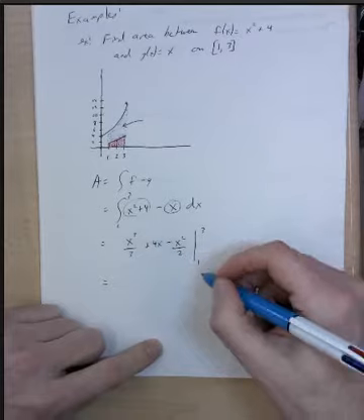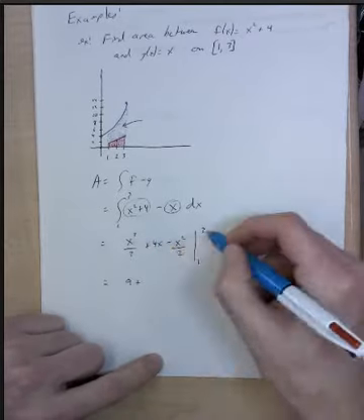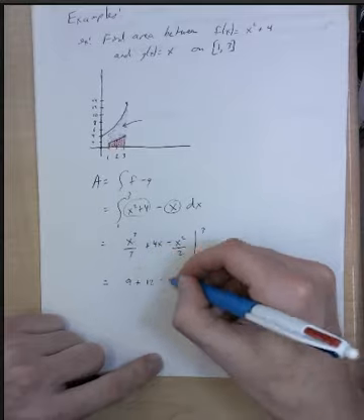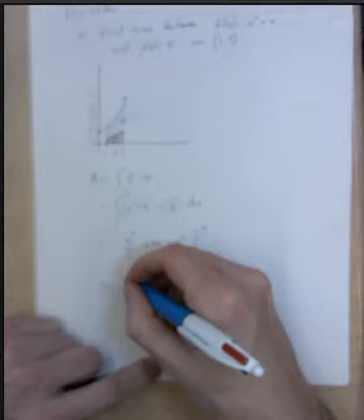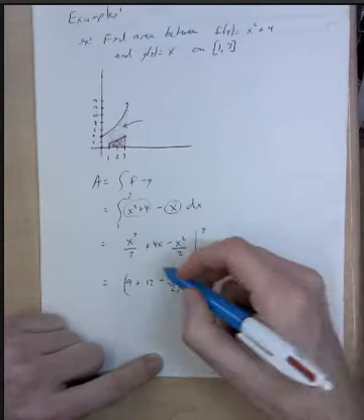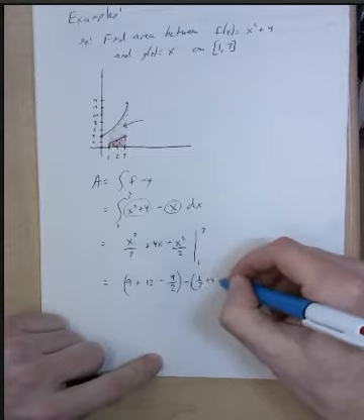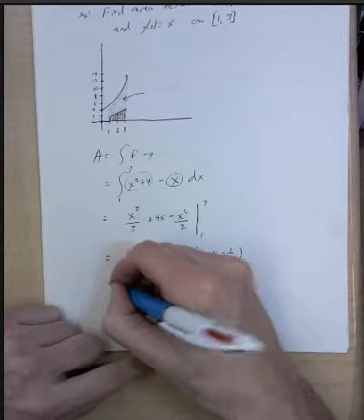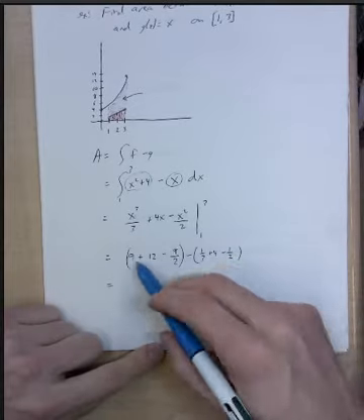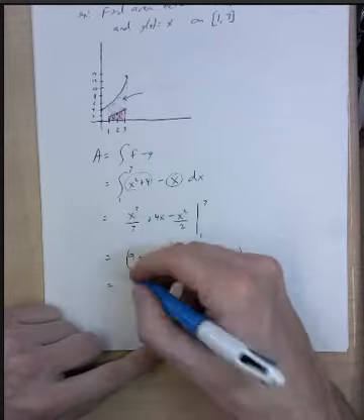So we plug in 3, and we get 27 over 3, which is 9, plus 4 times 3, which is 12, minus 9 halves, minus, now plug in 1, 1/3, plus 4, minus 1/2. And just grinding out the work here, we got 21 minus 4.5 is 16.5.